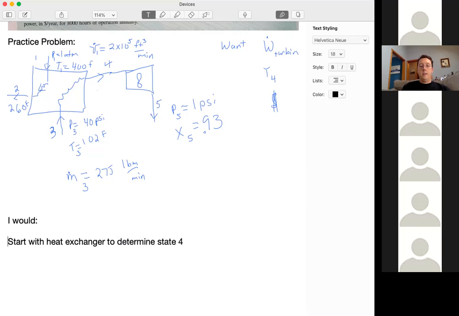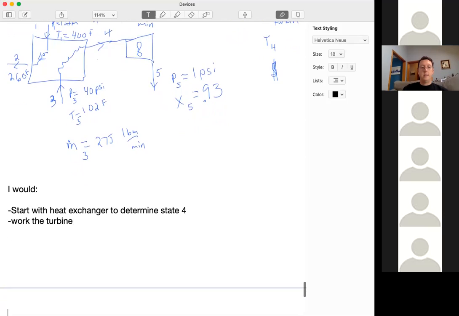And then work on the turbine. Okay, so that would be the strategy I would take. So let's see how that would play out.